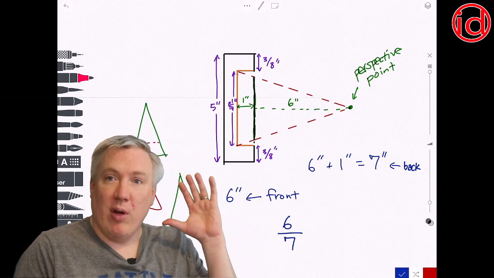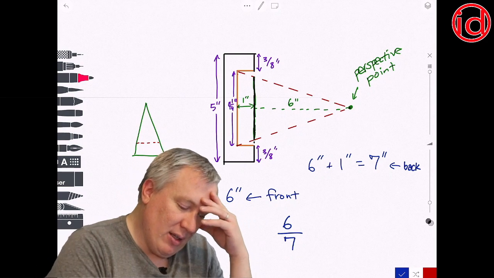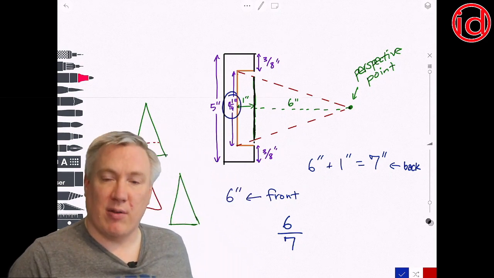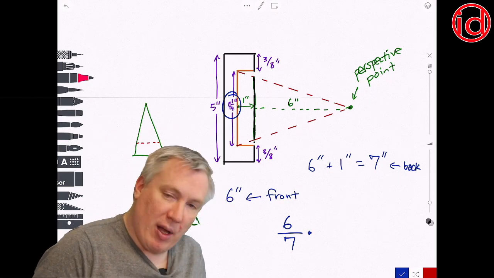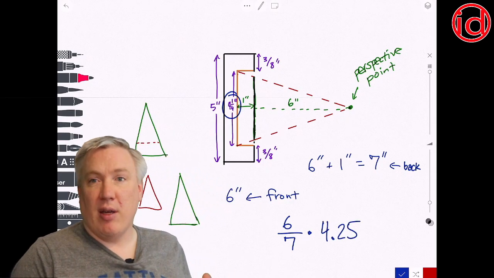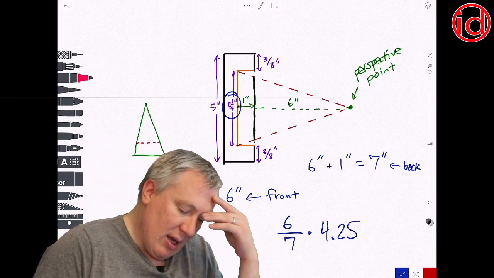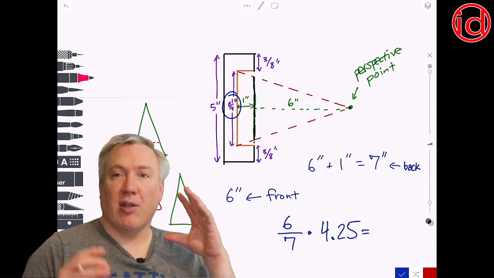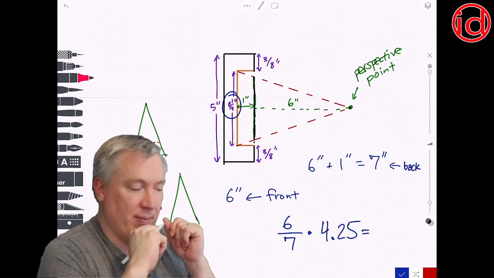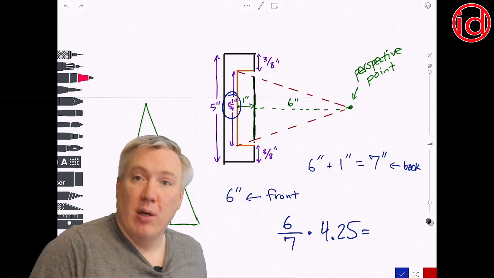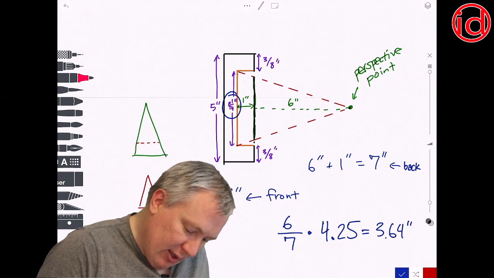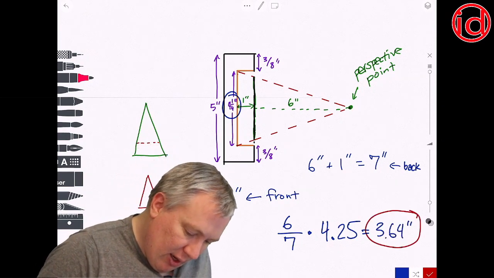And so when you multiply 6/7 by the dimension back here, which it says right here is 4 1/4, so I'm going to multiply it by 4.25, and I can use my calculator to do that, I will figure out the actual perceived length. So let me do that right now. Which is 3.64 inches.